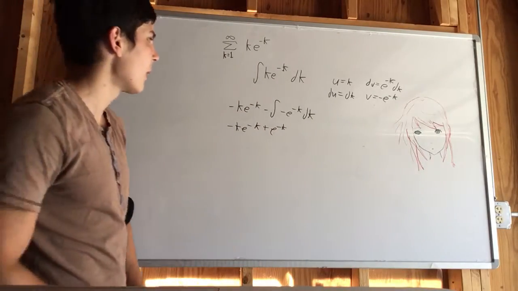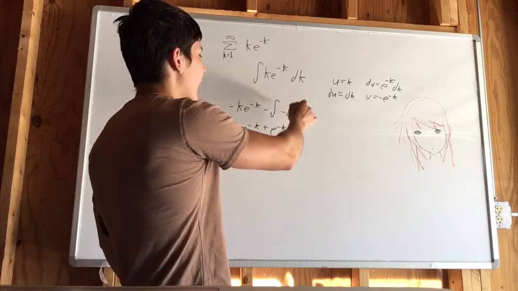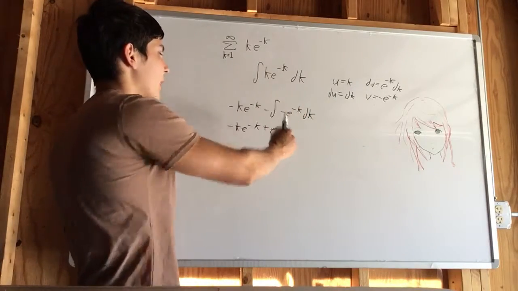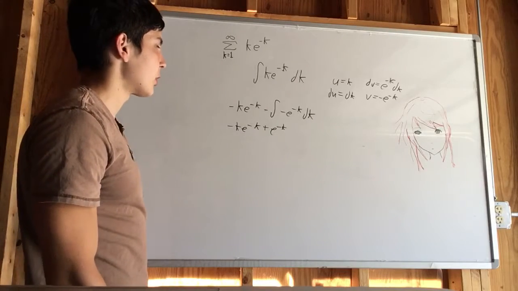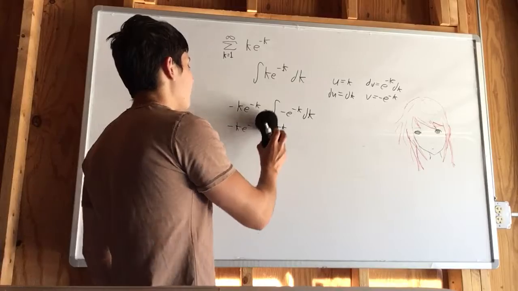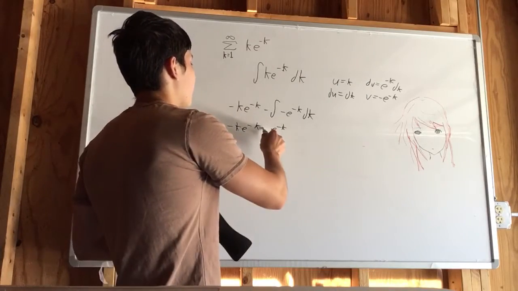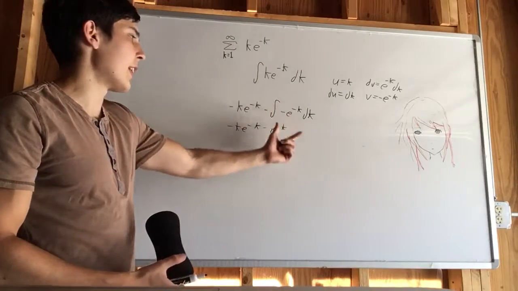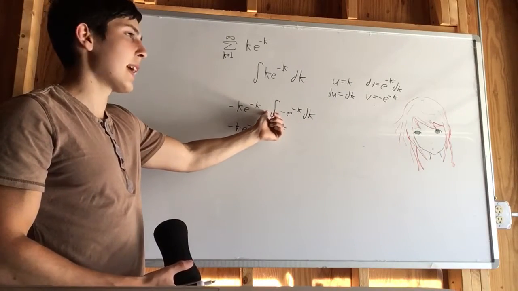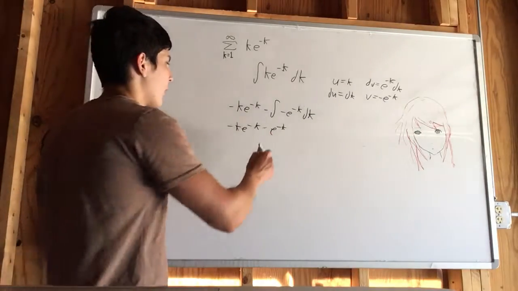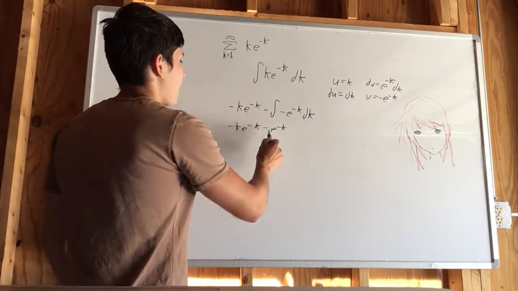If you work through all your signs, you would have a positive in there once you evaluate the integral, but since you're subtracting, yeah, that would be negative. You'd get a positive from your evaluation of the integral, and then you would get just this negative because you're subtracting. So it would definitely be a subtraction here.